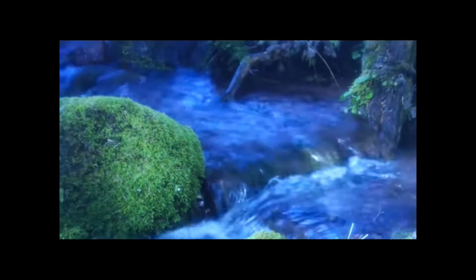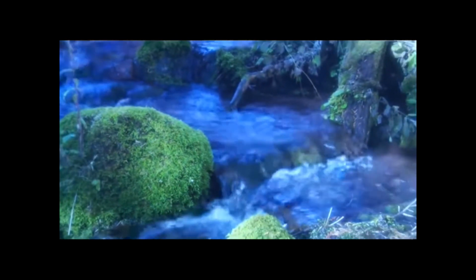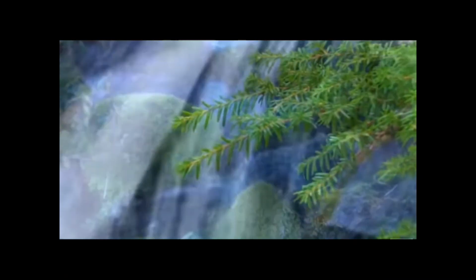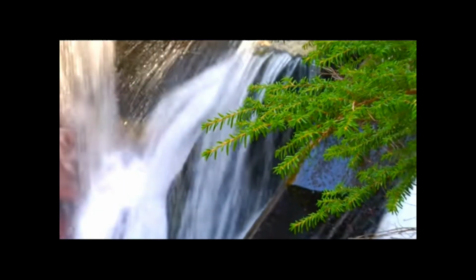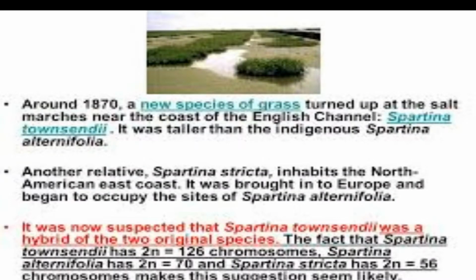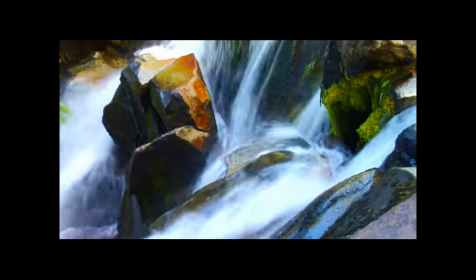At some later time, probably around 1892, faulty cell division in Spartina townsendii somehow produced cells with double the number of chromosomes. A tetraploid plant was produced, probably from the fusion of two abnormal diploid gametes from Spartina townsendii. So this tetraploid has two sets of chromosomes that originally came from Spartina maritima and two sets from Spartina alterniflora.